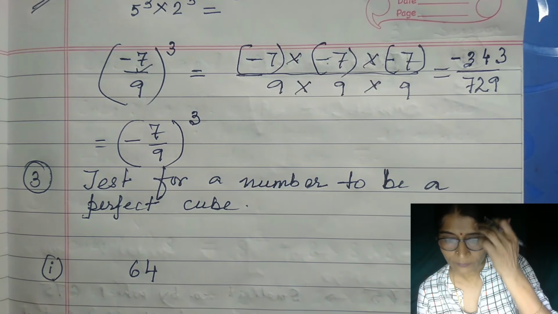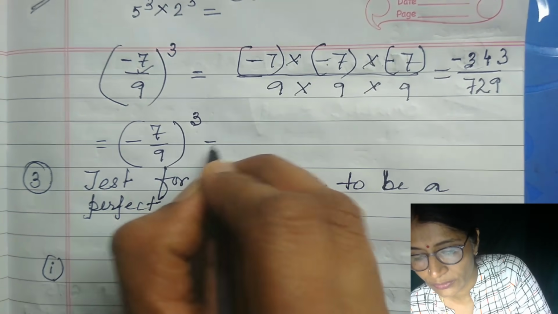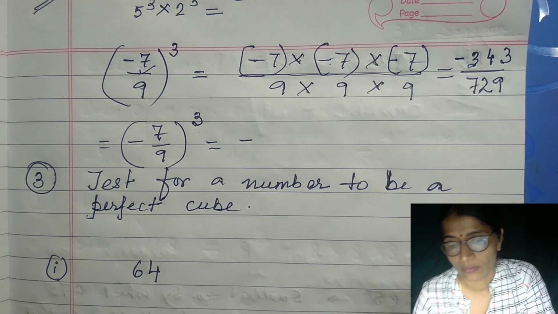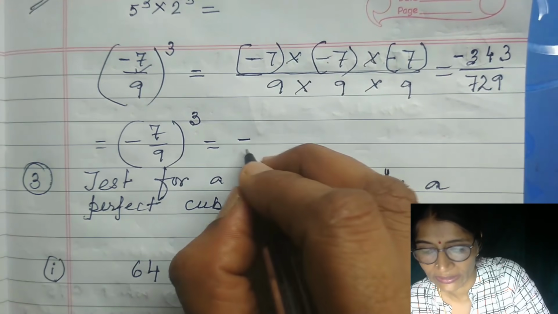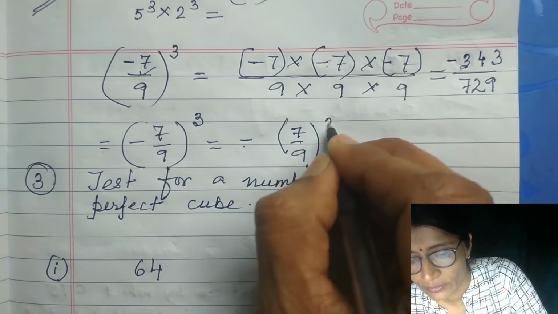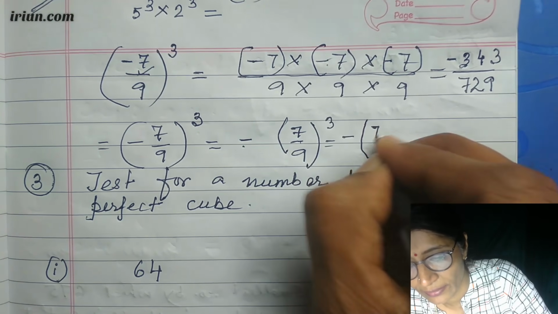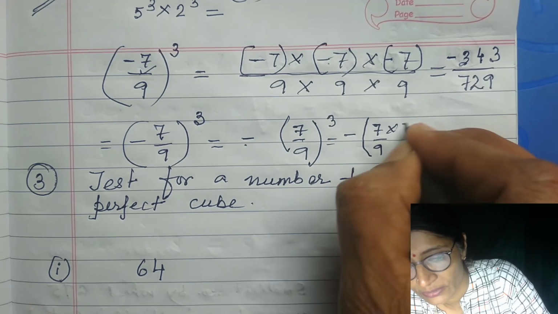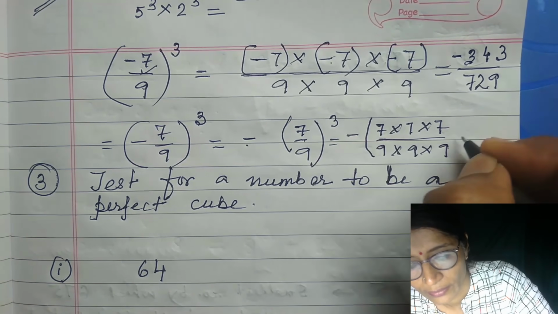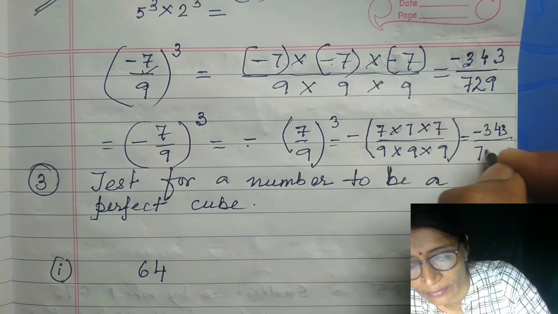Or you can do it this way, because I know that the cube of a negative number is always negative, so I can write negative and then 7 by 9 whole cube. That is equal to minus 7 into 7 into 7 divided by 9 into 9 into 9, equal to minus 343 divided by 729.